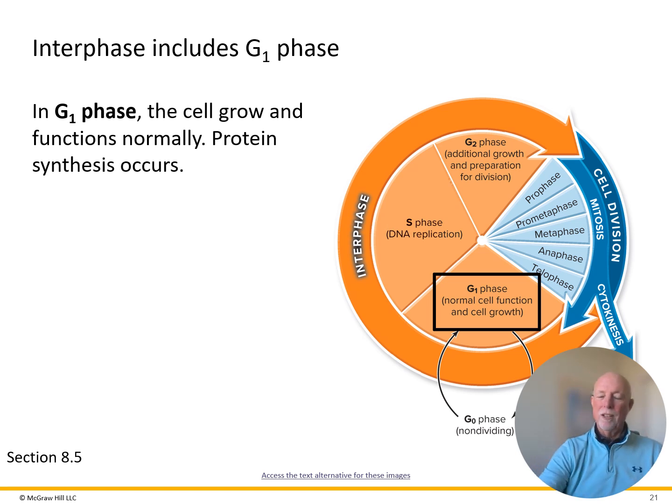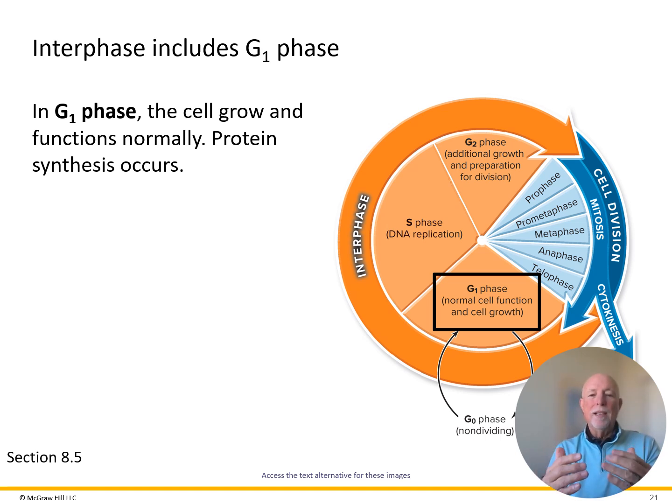G1 is where the cell is carrying on its normal functions. It's growing, it's maturing. If it's a muscle cell, it's doing what muscle cells do. If it's a skin cell, it's doing what skin cells do. But what we've talked about is once cells increase and grow in size, something happens inside that nucleus that triggers a division process.